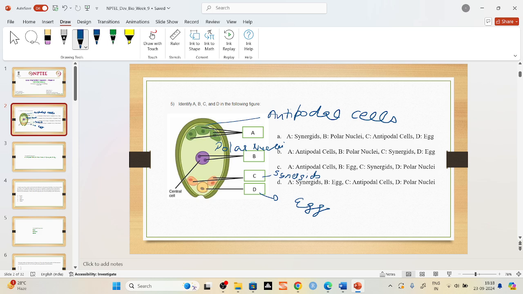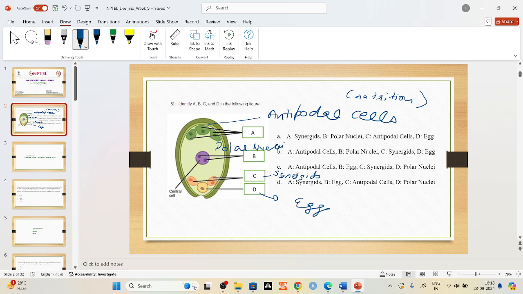Antipodal cells are basically a structure which is present in flowering plants, which provides nutrition. So these antipodal cells are required for nutrition. And these synergids basically guide the pollen tube towards the egg during fertilization. Okay, so this is the egg. You can see the D option, it represents the egg, right?